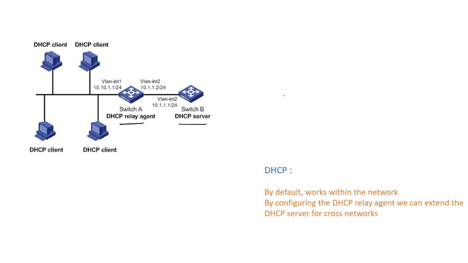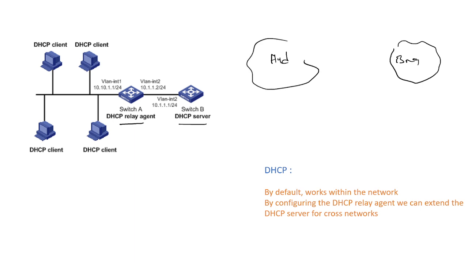By default, the DHCP server works within the network. If you have one building, within that one building or within the router, it will work. If you have multiple networks, like building 1 and building 2, in between you have a router, because a router is an intelligent device used to establish the connection between two different networks. Imagine you have one in the Hyderabad office, another one in the Bangalore office.